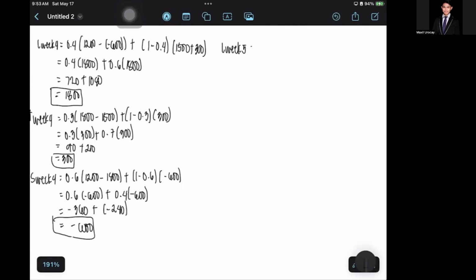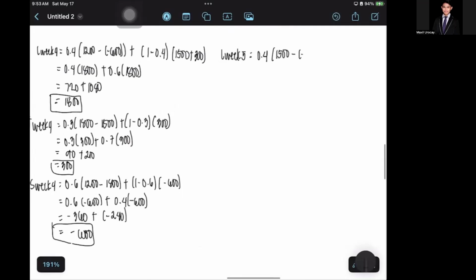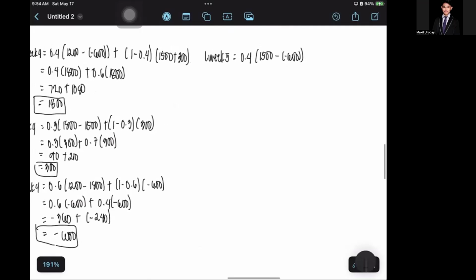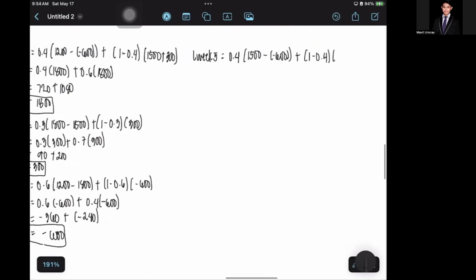And what about week 5? So you have 0.4, then your data is 1,500 minus the previous seasonality, which is negative 600, and then plus the parameter times the previous level, which is 1,800, plus the previous trend, which is 300.